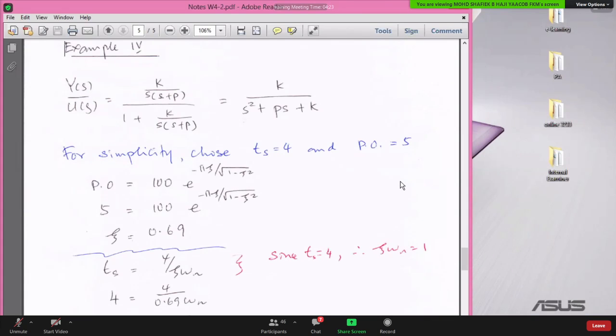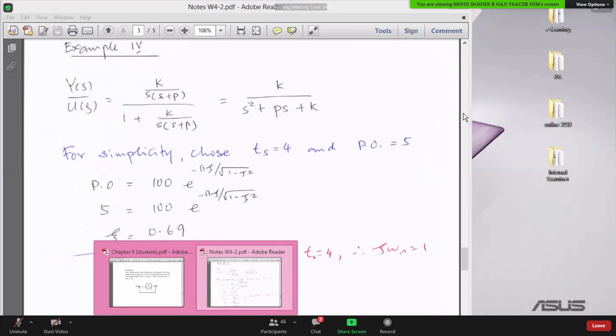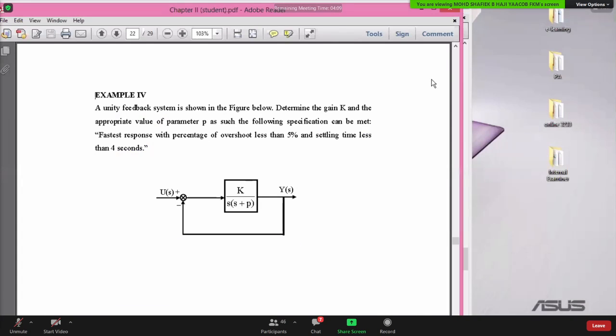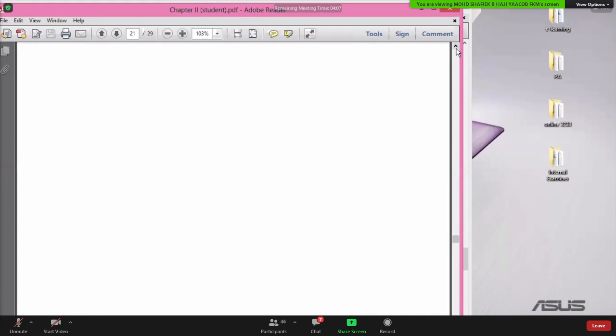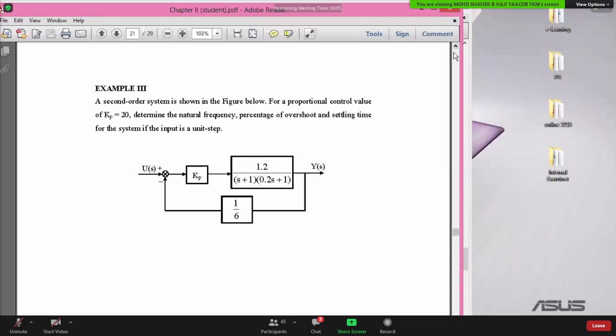So now we have seen two types of control system problems. One is the analysis type of question: given a control system, you tell me how the system is going to behave.